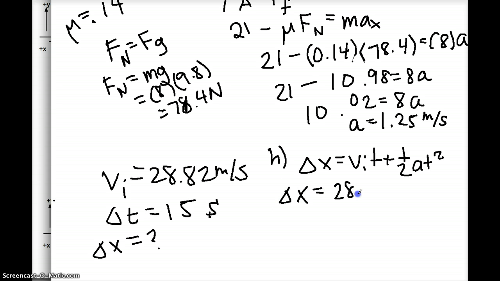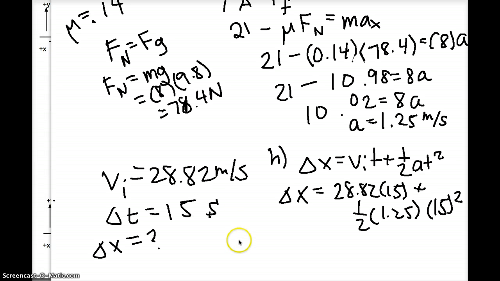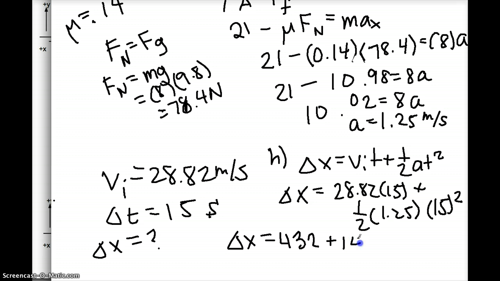And now I have 28.82 as my initial velocity, plus 1/2 my new acceleration, and then 15 squared. So the numbers I'm getting are 432 plus about 140.6. Adding those up comes out to be about 570 meters.